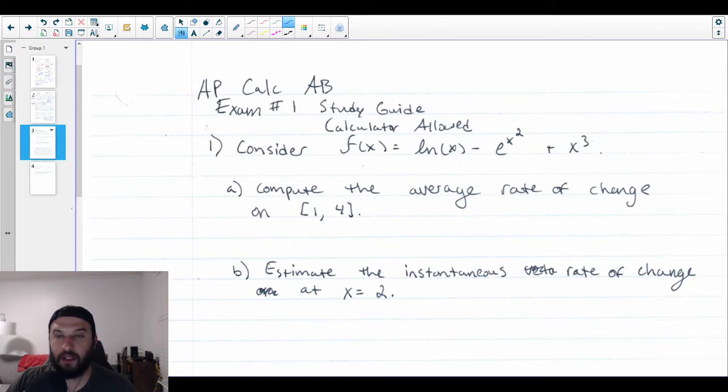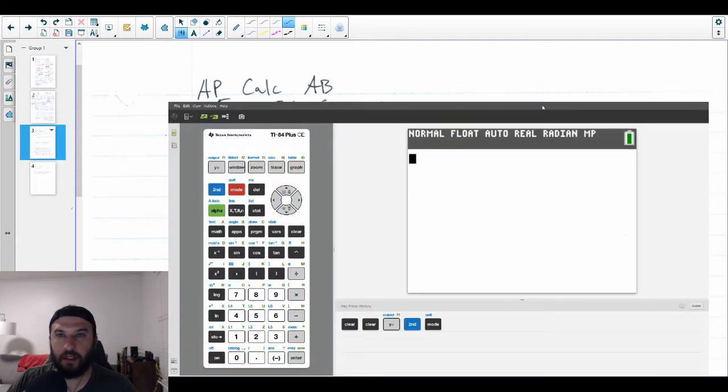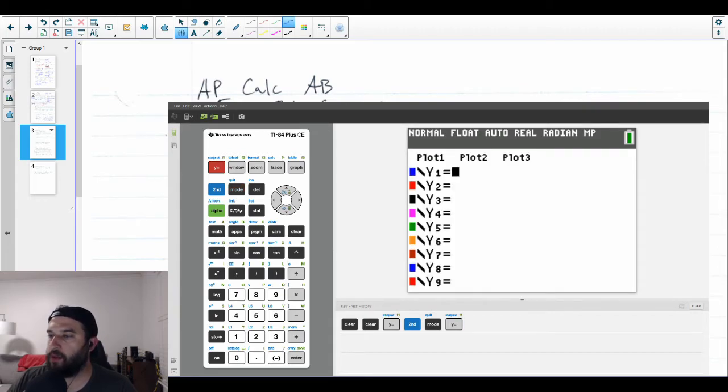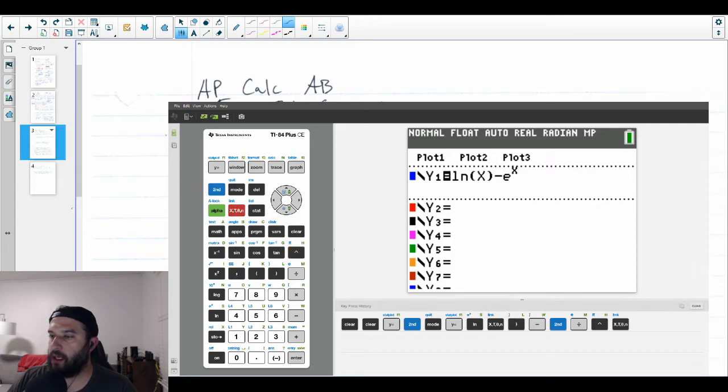So I have this ln of x, so let's see, y equals ln of x minus e to the x squared. So second e to the x squared. Make sure it looks exactly as it does written down, plus x cubed.